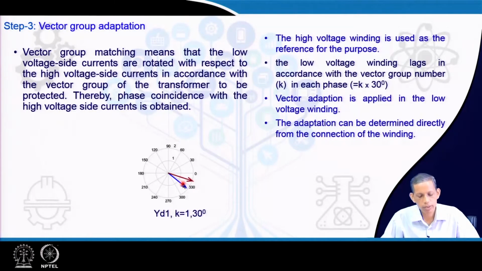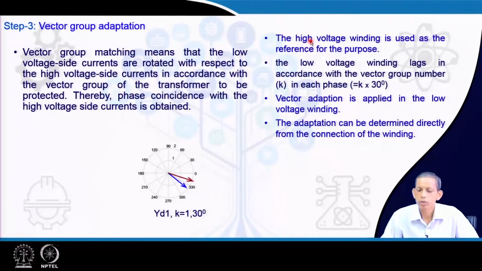So, to have a proper comparison, they must be aligned. With the high voltage as the reference, the low voltage must be shifted by this 30 degrees, so the phase coincidence has to be done before the differential principle is applied.